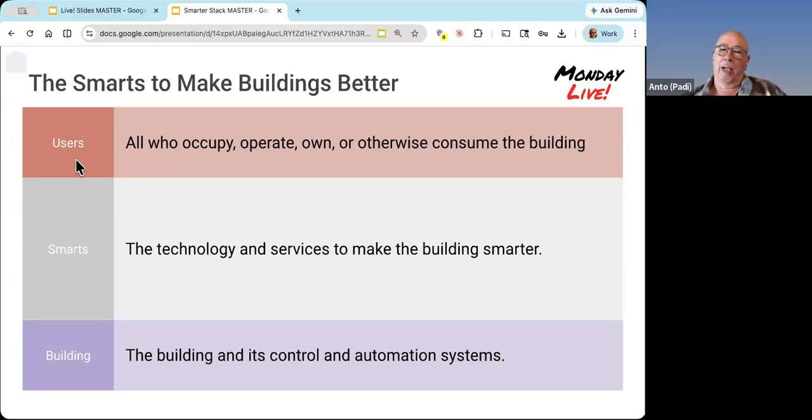That's why we have buildings: to enable whatever happens in this red thing. And right at the bottom is the actual building itself, with all of the systems that exist in that physical building. What we're really trying to do is figure out what smarts need to exist between the two. That's the formulation we went down, and so this is the start.